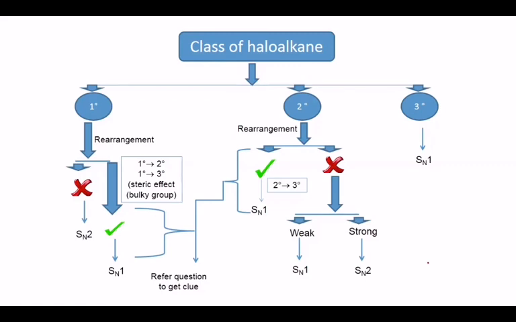Alright class, this is the flowchart that you can use to determine whether your haloalkane undergoes SN1 or SN2. Let me explain to you. First, you look at the type or class of haloalkane.